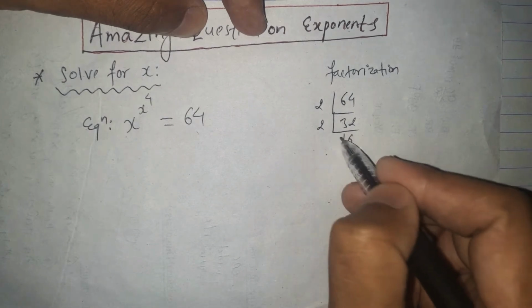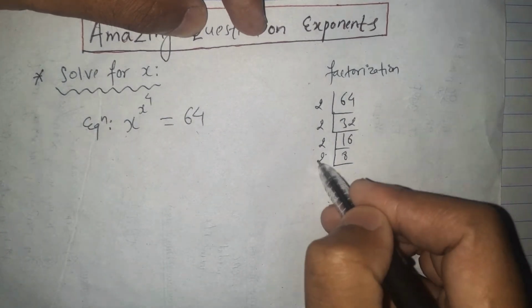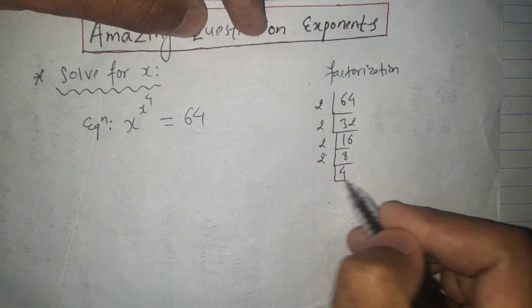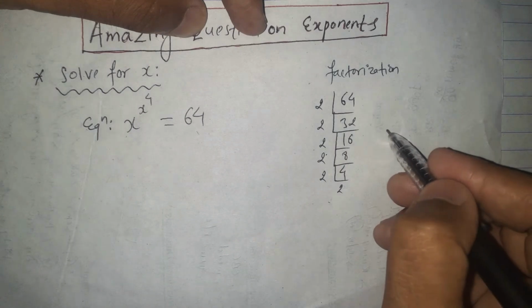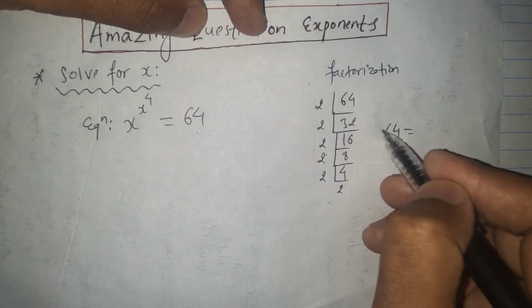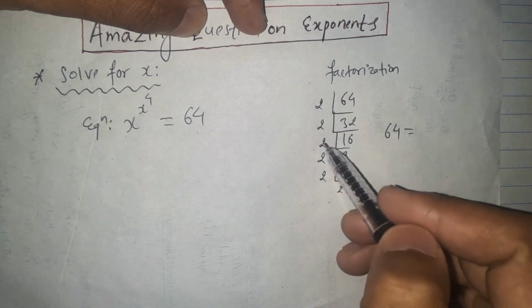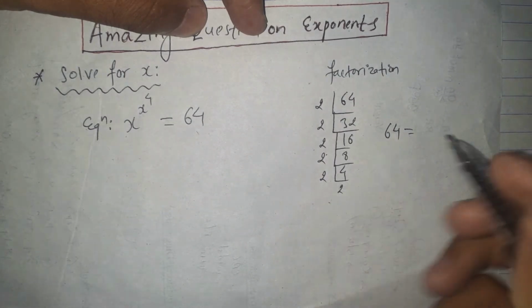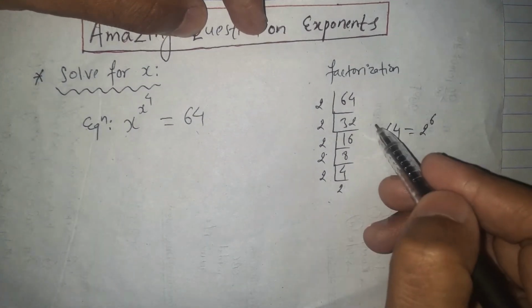Then 16 is also divisible by 2. 8 is also divisible by 2. 4 is also divisible by 2. So the number 64 can be written as a power of 2. Here how many 2s? 1, 2, 3, 4, 5, 6. So we can write 2 raised to the power 6 for the number 64.